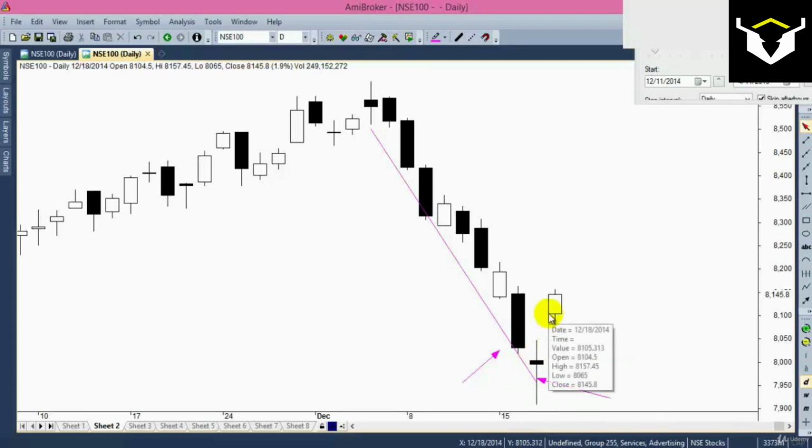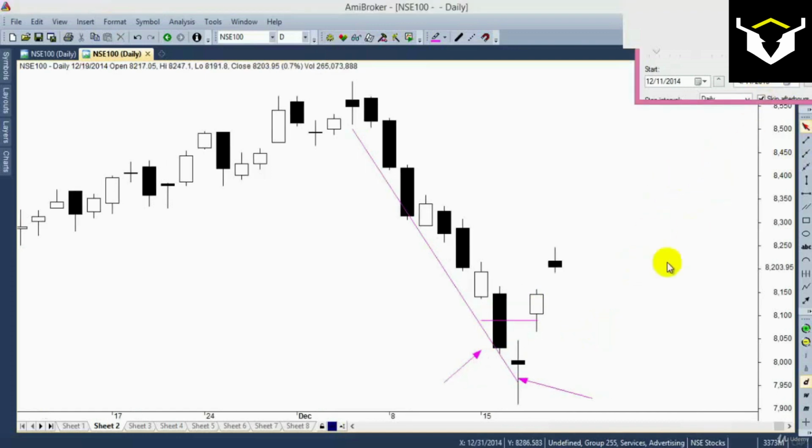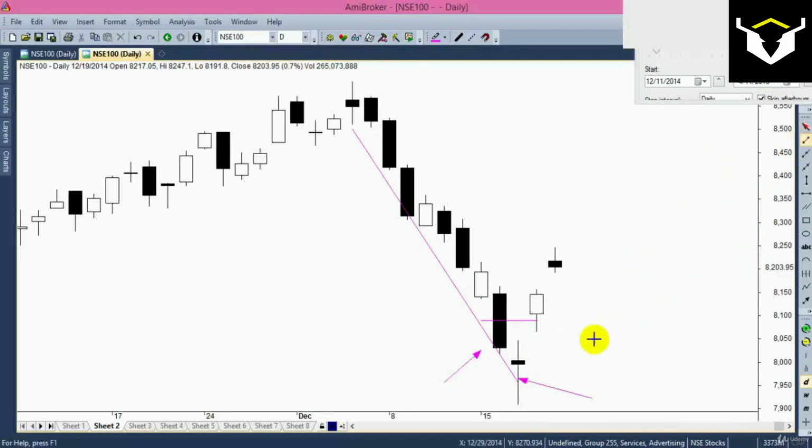Next day gaps up and the close is above the mid range of the first day bar. Let's add some bars and the market changes its direction. You can see even the next day gaps above, significantly above, in fact.